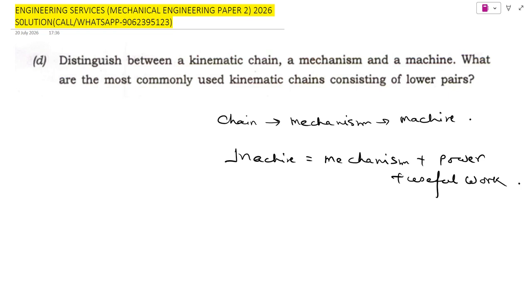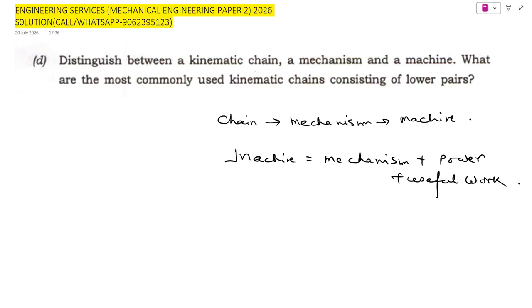If I talk about the definition, the kinematic chain is a combination of links with constrained motion, a mechanism is a kinematic chain with one link fixed, and a machine is a mechanism capable of doing useful work. The main purpose of the kinematic chain is to define the relative motion.